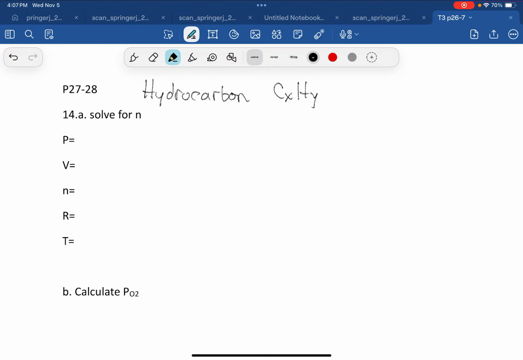Pressure is 0.2. Now we haven't collected this with water, so there's no vapor pressure on this one. The volume is 1 liter.